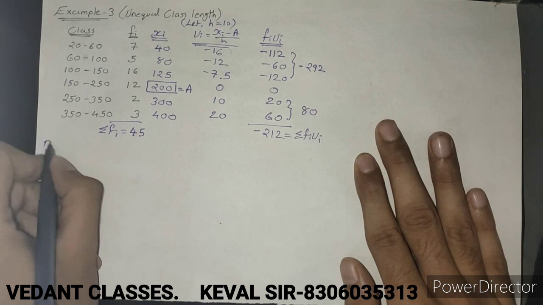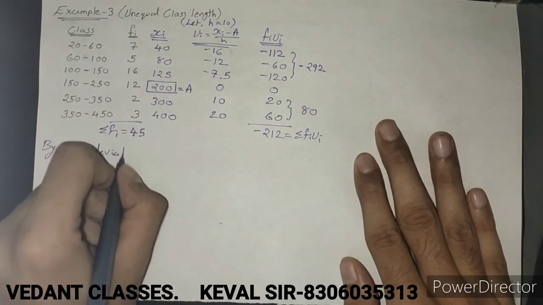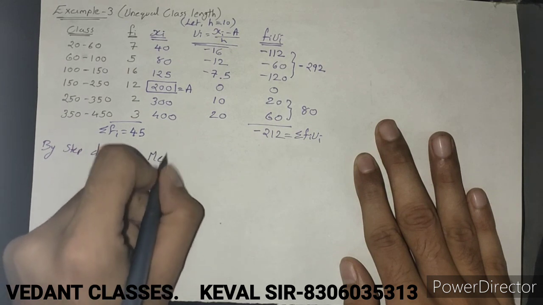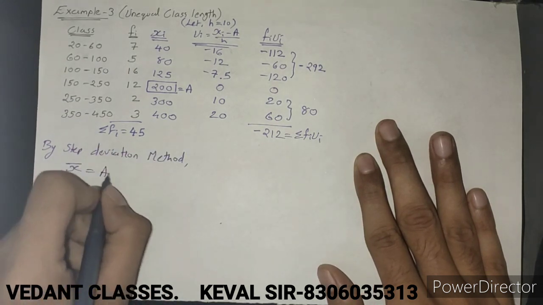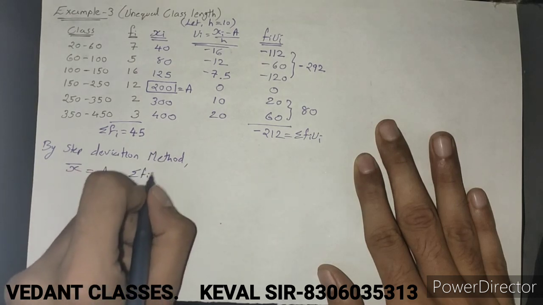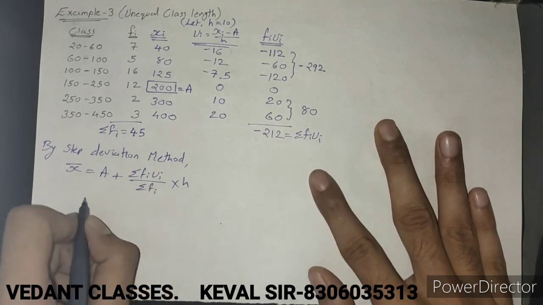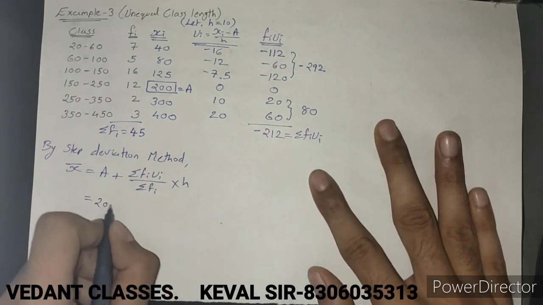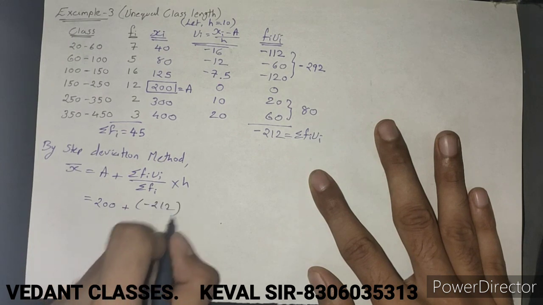Okay, now by step deviation method, x bar is equal to a plus sigma fi ui upon sigma fi into h. The value of a over here is 200, the value of sigma fi ui, that is minus 212.